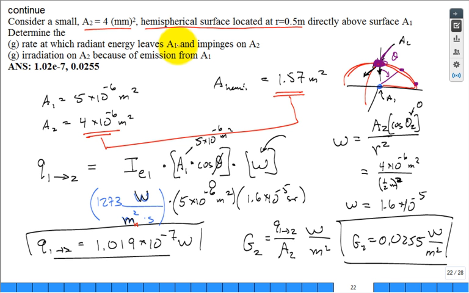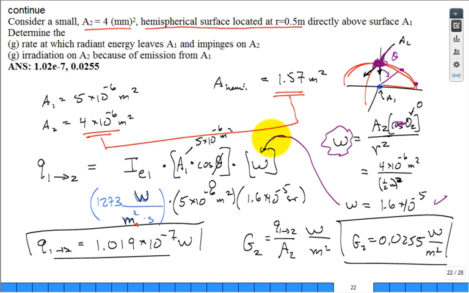You could do it a couple different ways, but what is the solid angle from 1 up to that surface 2? The solid angle is the size of A2 divided by r squared. Because it's directly above, it's not tilted at an angle, so I don't have to worry about the orientation of that area. The cosine of theta 2 is equal to 1, and then you just calculate so many steradians.